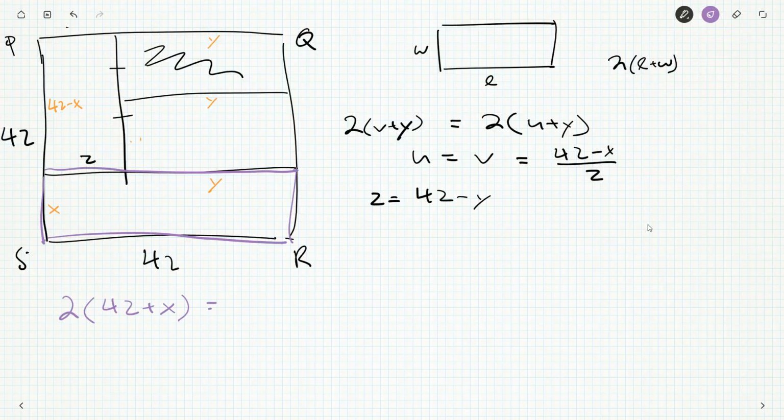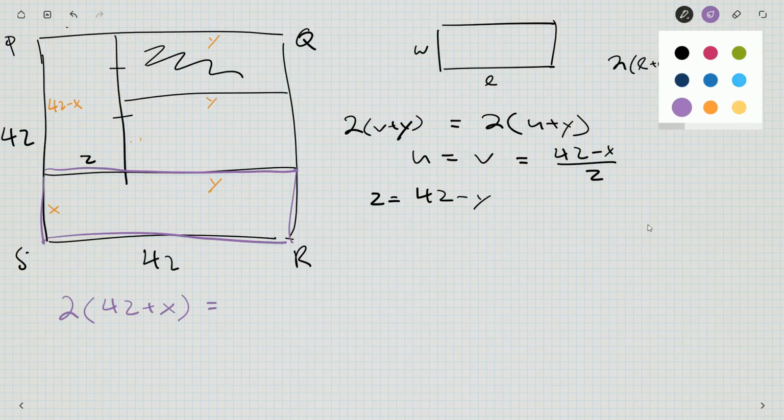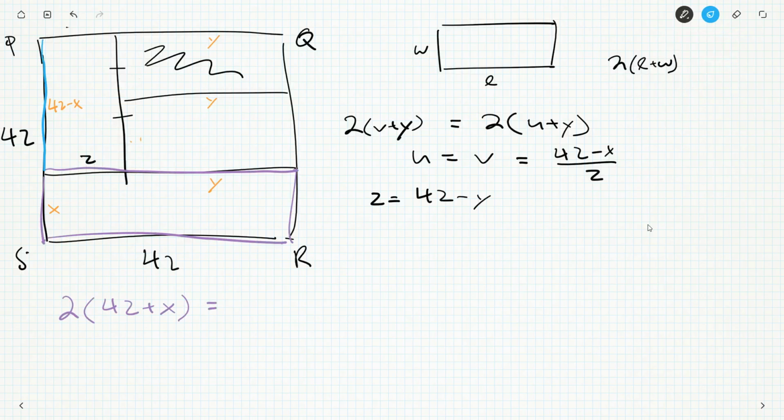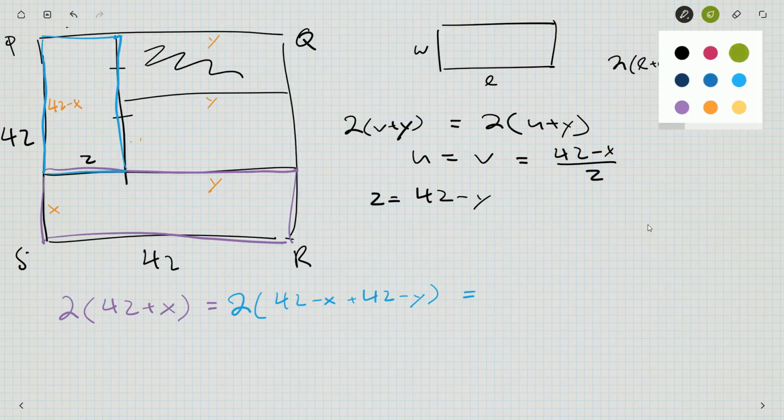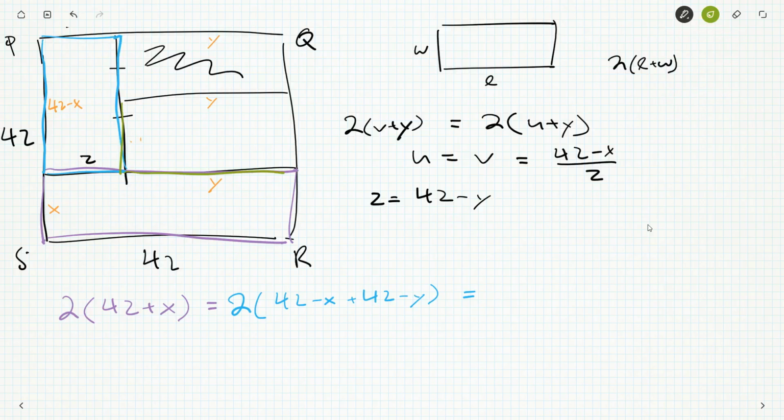That's going to have to be equal to the perimeter of this one up here, this blue one, which is 2 times (42 minus x plus 42 minus y). And that's also going to have to be equal to this green one right here, which is (42 minus x) over 2 plus y.